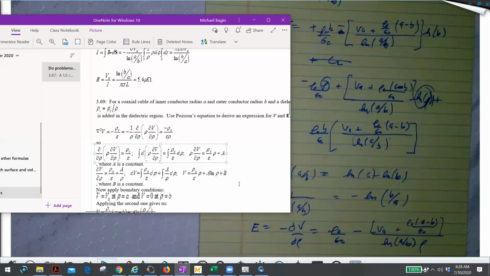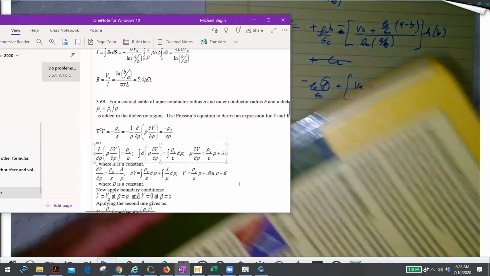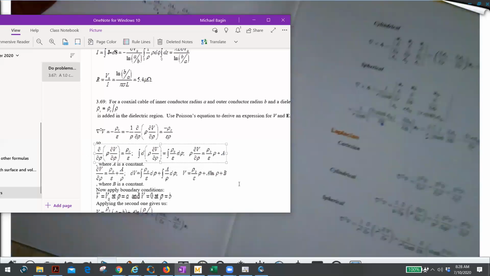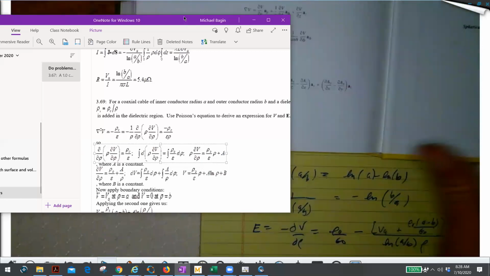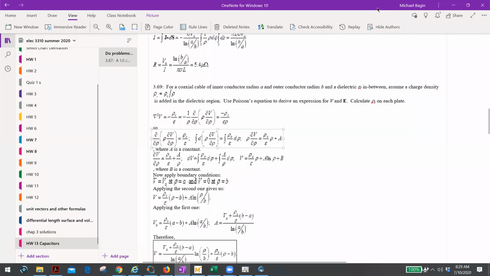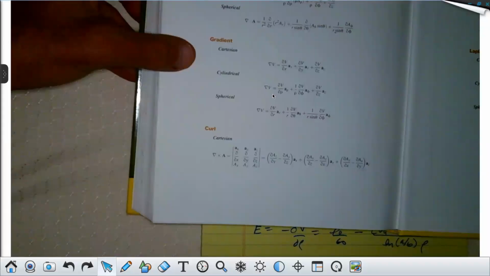And in case you're wondering what the gradient operator is in different coordinate systems, let me move that out of here for a second. Well, if you look here, the gradient operator in cylindrical is just dV d rho, A rho, plus 1 over rho dV d phi, which is 0, plus dV dz, which is 0 az.